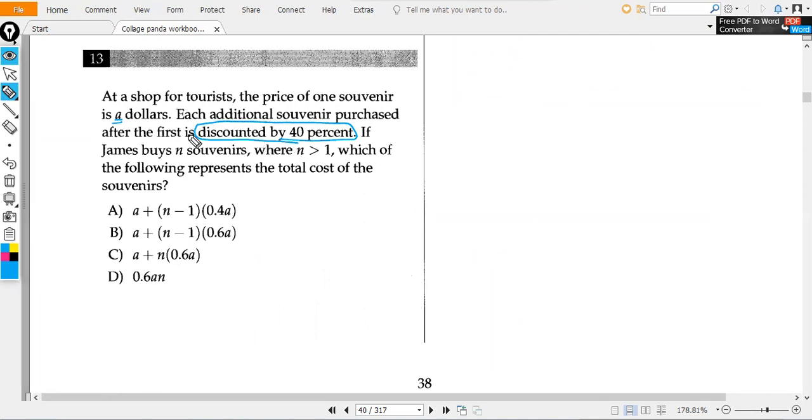But be careful, after the first one. That means the first one is without discount. If James buys n souvenirs, where n is greater than or equal to 1, which of the following represents the total cost of the souvenirs?